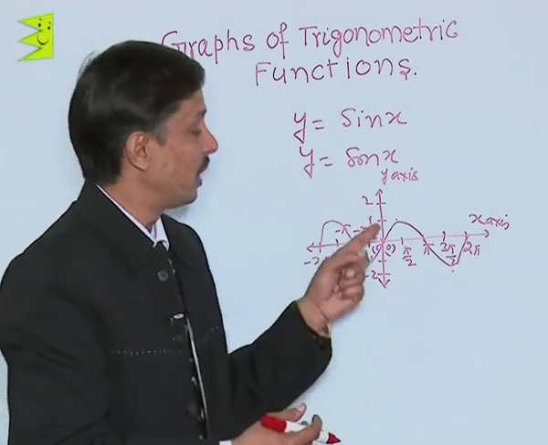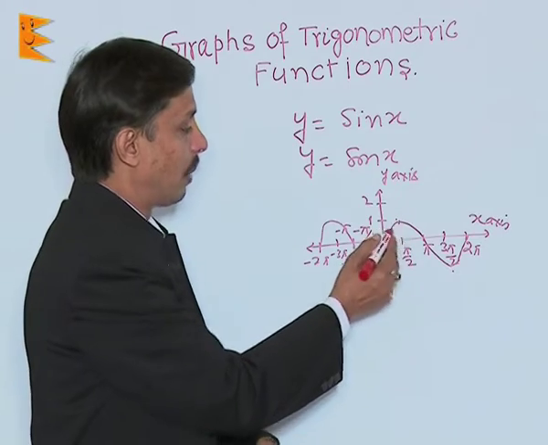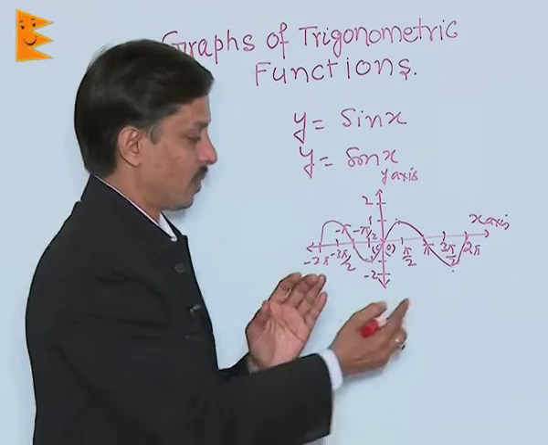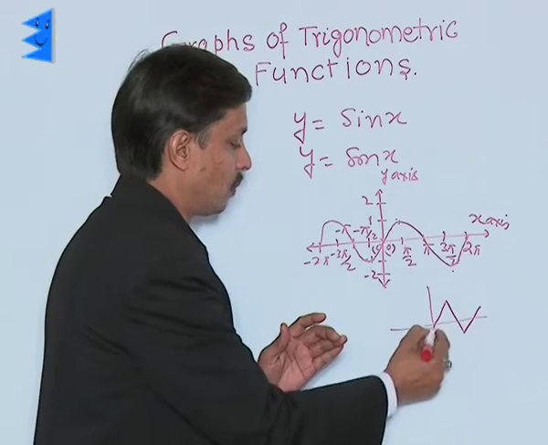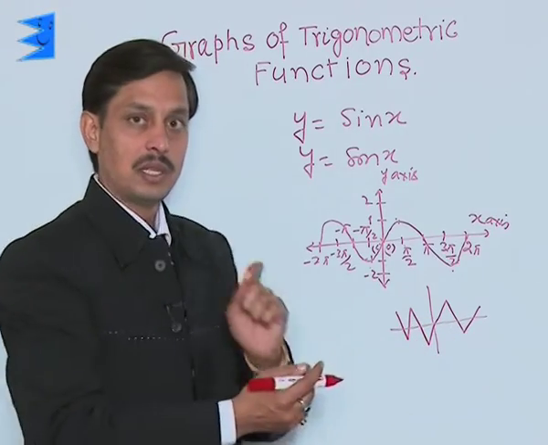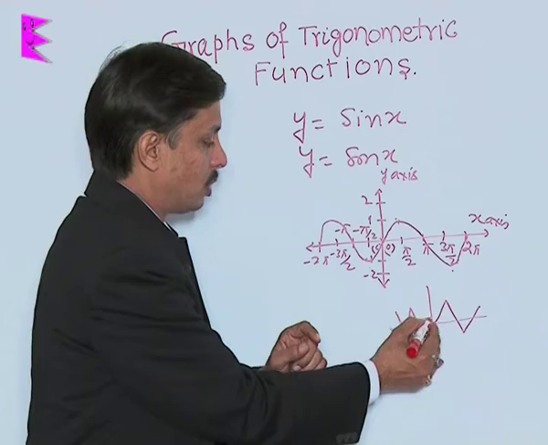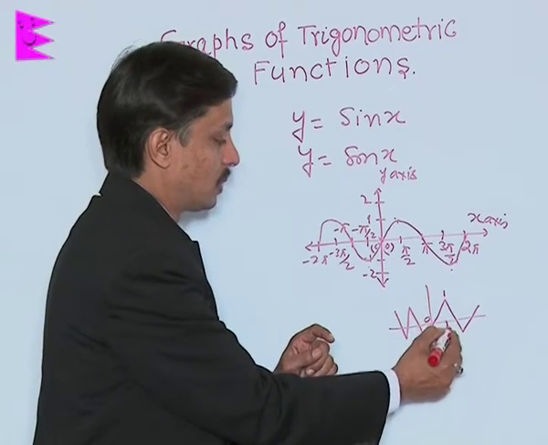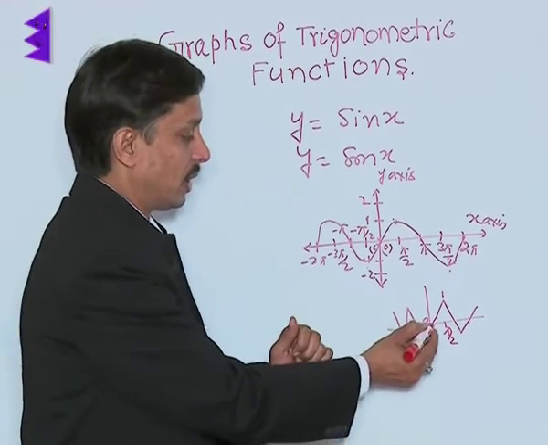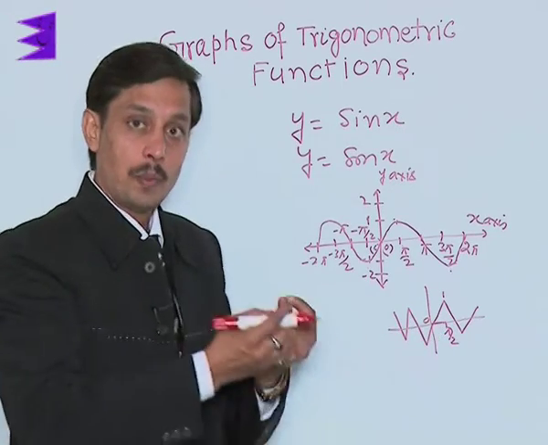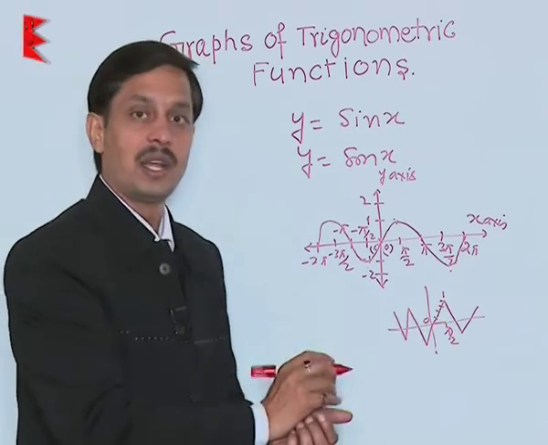The question is, why have I not joined the points 0 and pi by 2 by a straight line? Why have I not drawn the graph of the sine function like this? The reason is, if I join 0 and 1, that is pi by 2, with a straight line, then all the angles between 0 and pi will not fall on this straight line.